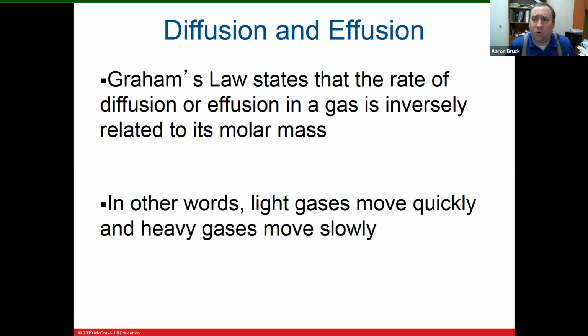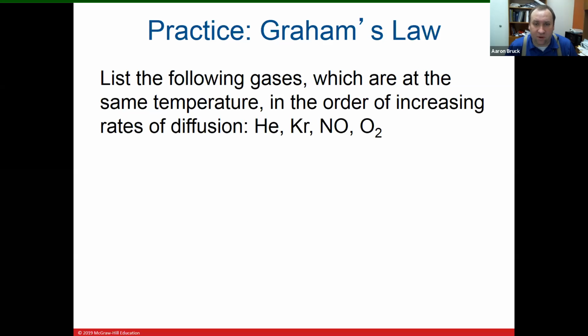So if I compare the molar masses of a pair of gases to each other, I should be able to compare and quantify which gas is going to diffuse or effuse more quickly. So as an example of that, let's compare these four gases and let's rank them according to their increasing rate of diffusion.